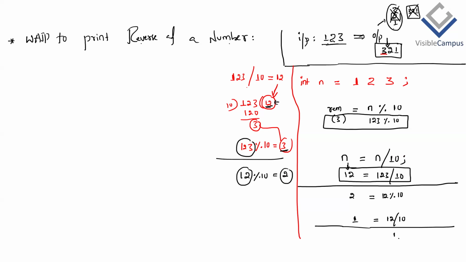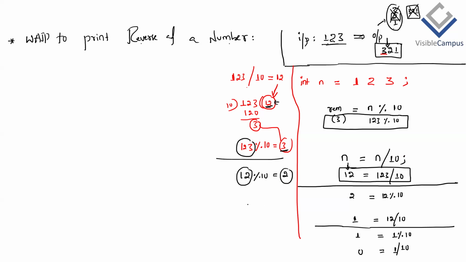The next: 1 modulo 10, what? 1 only. Then 1 by 10, how much? 0. If you divide 1 with 10, the quotient is 0.